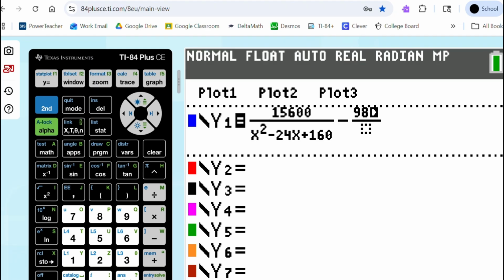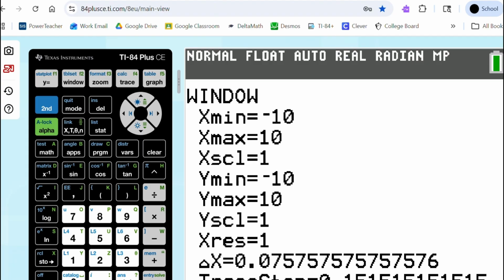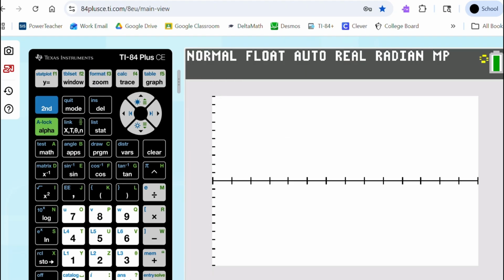So that'll take me a second here, 9,890 over x squared minus 38x plus 370. And we're talking about the interval from 9 to 23. So I'm going to hit window and pick my x minimum to be 9 and my x maximum to be 23. And when I hit graph now, we can see not very much of our graph, which isn't super helpful.